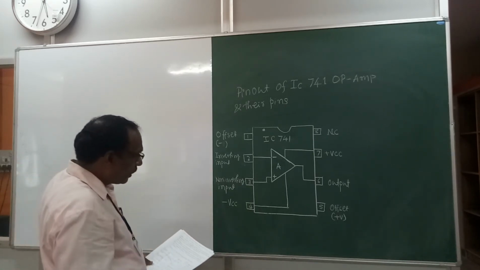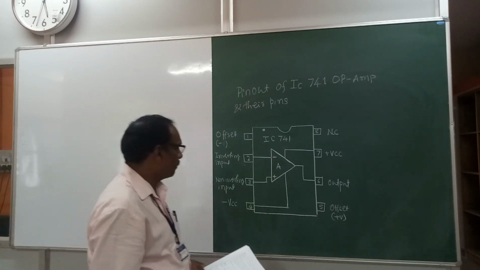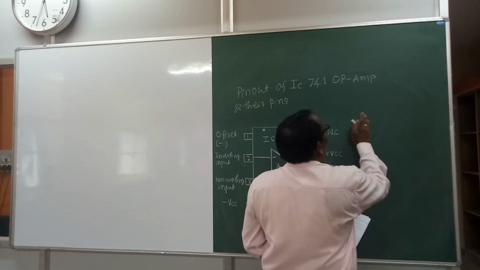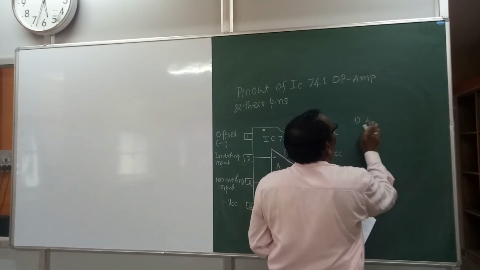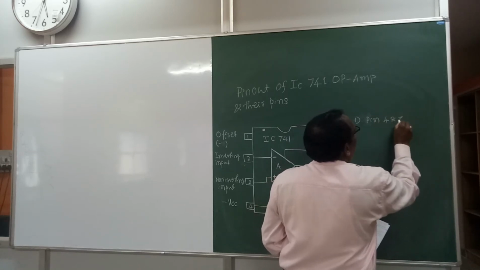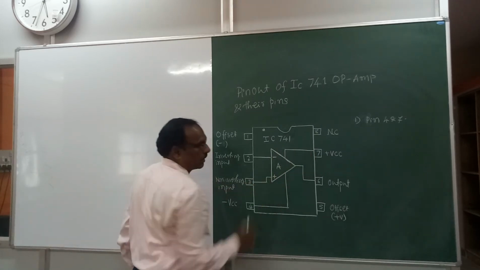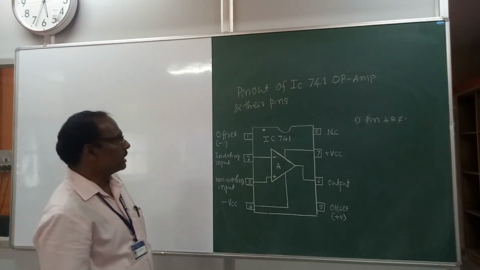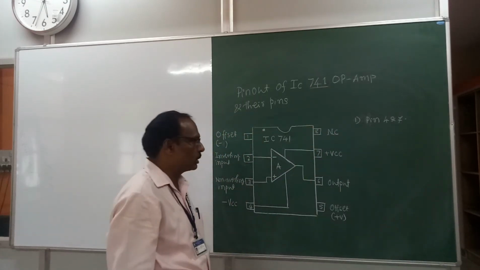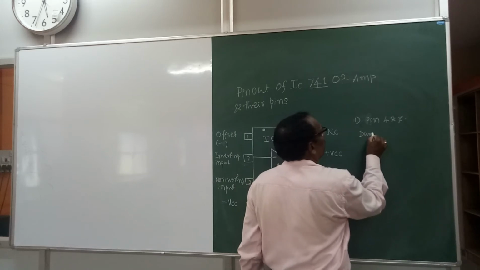Let us look at the functions of each pin here. First, pin number 4 and 7. To bias this IC called 741, it requires a dual power supply.